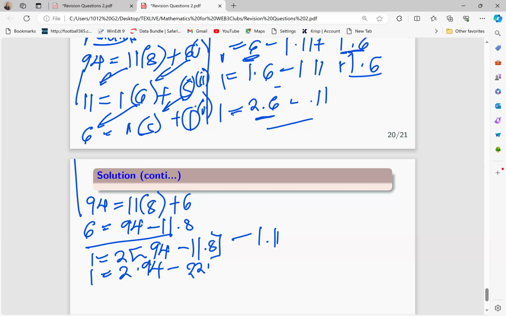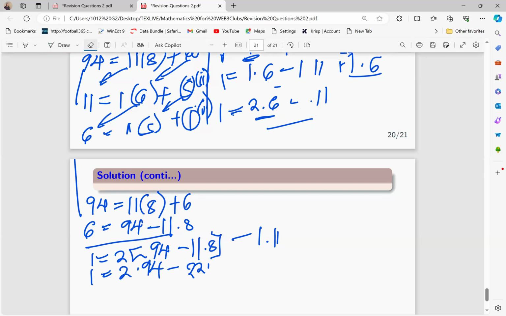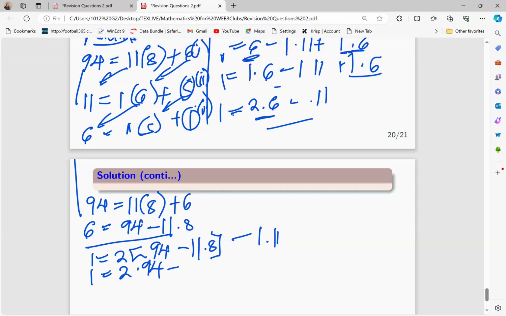We are trying to find the mod for 11, so I think we don't change this value. Okay, let's do it. 2 times 94. Then we can just write it like this: 2 by 11 by 8 minus 1 by 11. It makes sense. It's still the same mathematics.